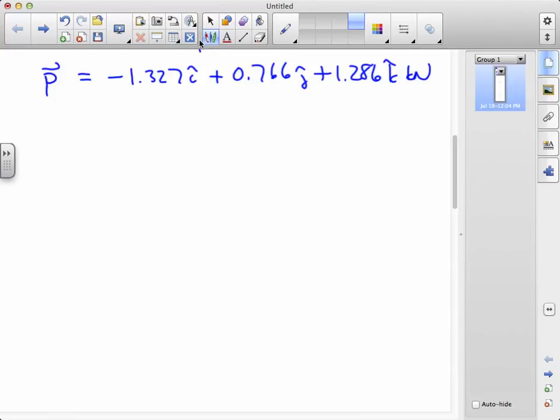We can proceed in a similar fashion for the other direction cosines and have cosine of theta x is minus 2 over 3.